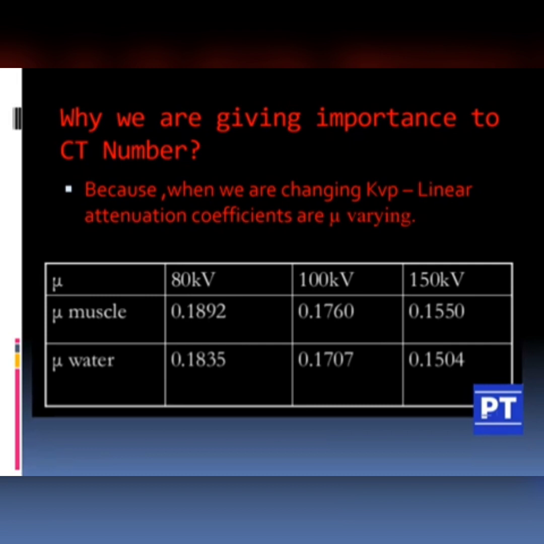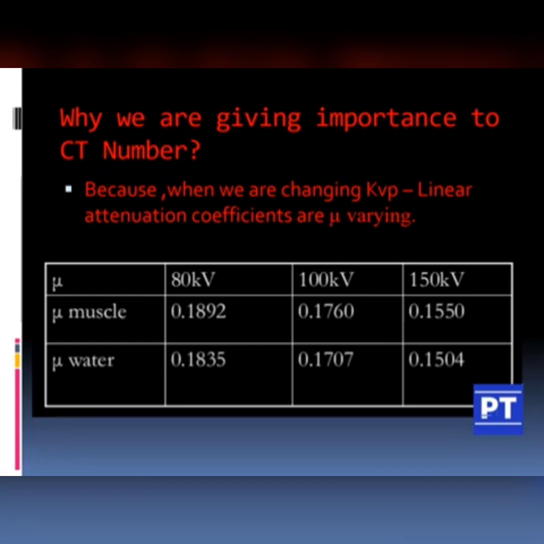Why are we giving importance to CT number instead of the linear attenuation coefficient? Because when we change the kVp, the linear attenuation coefficients vary, meaning mu varies.